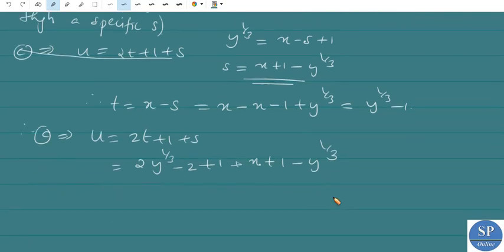So this is 2 y power 1 by 3 minus y power 1 by 3, that is y power 1 by 3, minus 2 plus 2 is cancelled, plus x. So this will be our solution in explicit form: u of x, y is equal to y power 1 by 3 plus x.